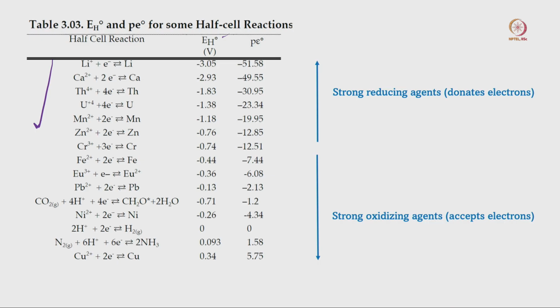So, it will quickly give out that electron and become lithium plus. Its tendency is more towards getting into the ionic form. So, if you want to convert lithium plus to lithium, it will be very difficult. Its PE state has to be very low, electropotential is very high.